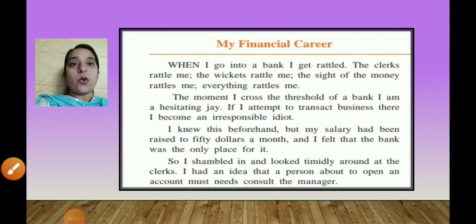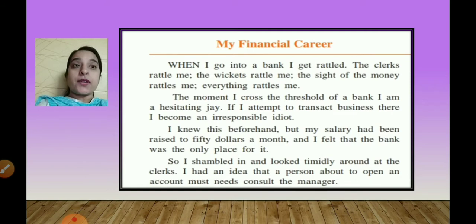So, now let us start with the lesson, My Financial Career. When I go into a bank, I get rattled. The clerks rattle me, the wickets rattle me, the sight of the money rattles me, everything rattles me. The moment I cross the threshold of a bank, I am a hesitating jay. If I attempt to transact business there, I become an irresponsible idiot.